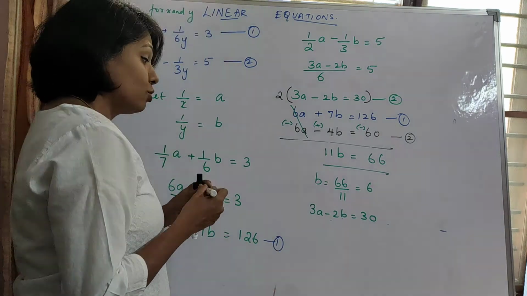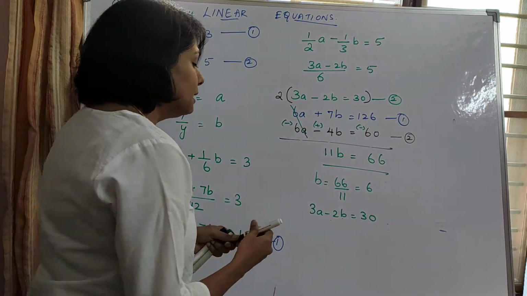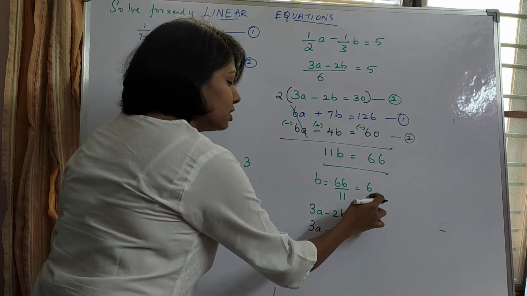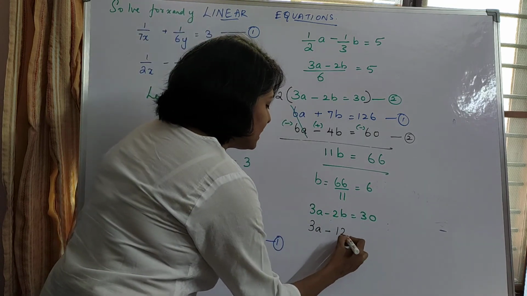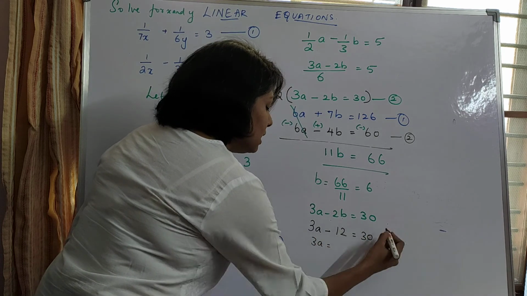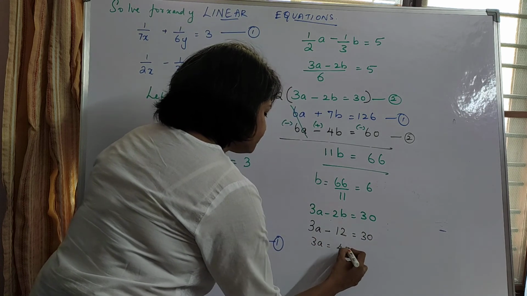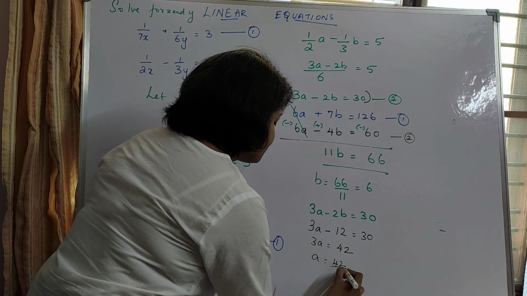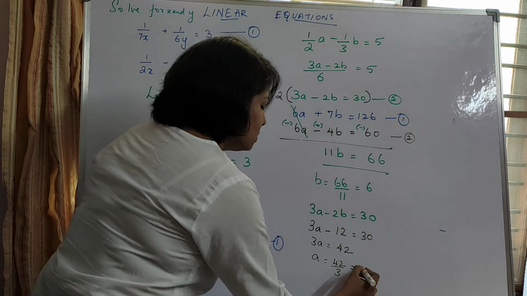So I'm going to substitute the value of b here. That makes it 3a minus 2 into 6, that is 12, is equal to 30. So I get 3a is equal to 42, so a is equal to 42 by 3, that is equal to 14.